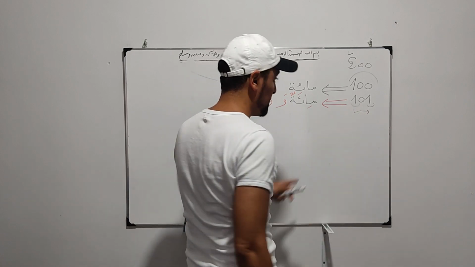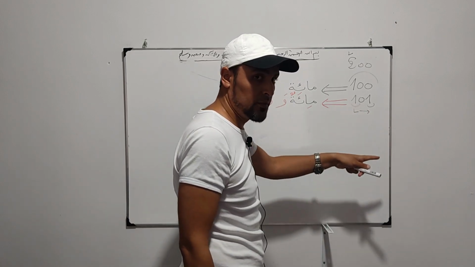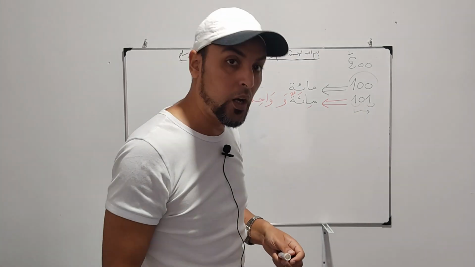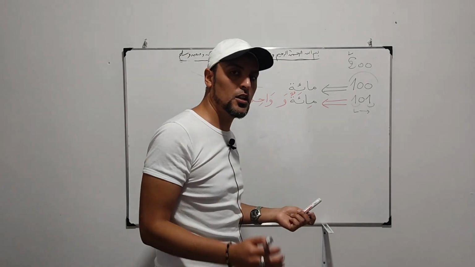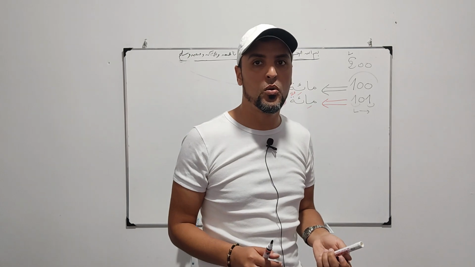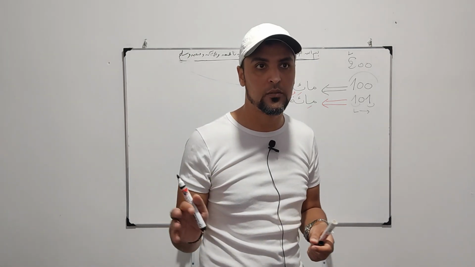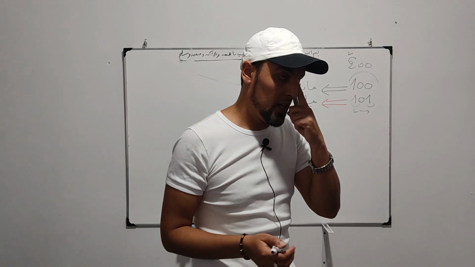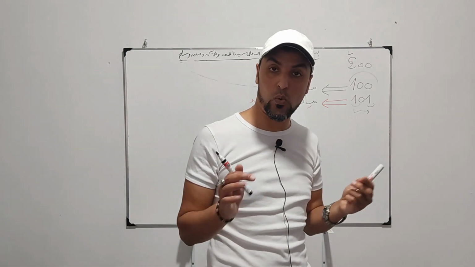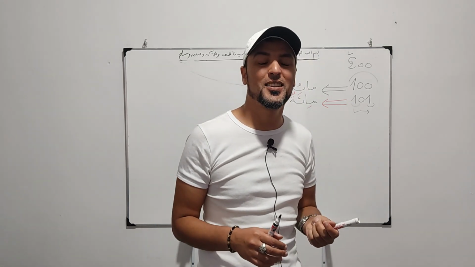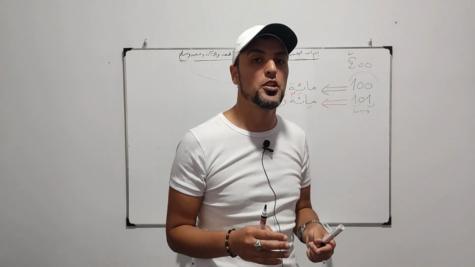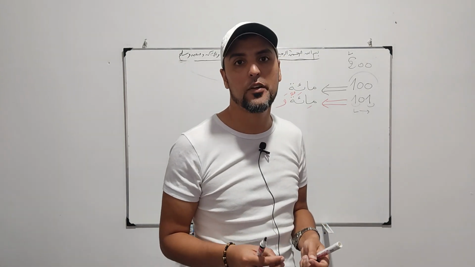If it comes to another number like 101, you will say mi'atun wa wahid, 101. In English there is an option to say 101 in different ways, but in Arabic you have to mention wa, meaning and.